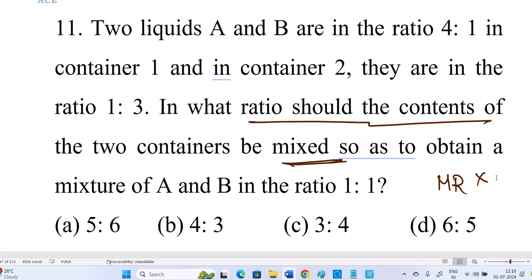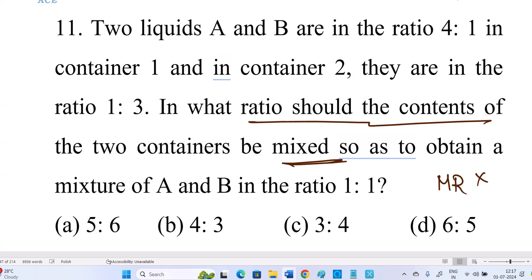See, this question can be done easily by focusing only on liquid A or liquid B, only one among that. Focus only on one parameter, liquid A or liquid B. In the previous question, it was in percentages. I can also put it here in percentages. 4 is to 1 means 4 plus 1, total 5.